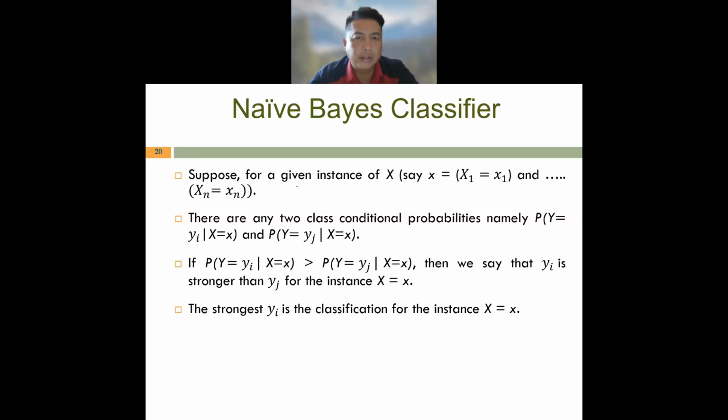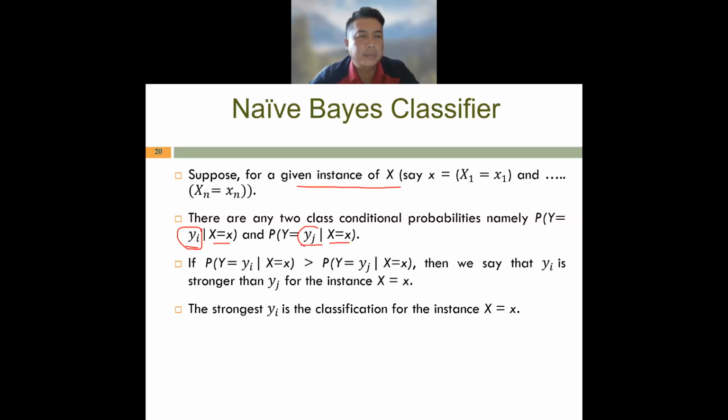Suppose that we have a given instance X, a record containing the attributes X. There are two class conditional probabilities, whether it belongs to yi or yj. Given the attributes X here, we want to compute the probability of the class yi and yj.